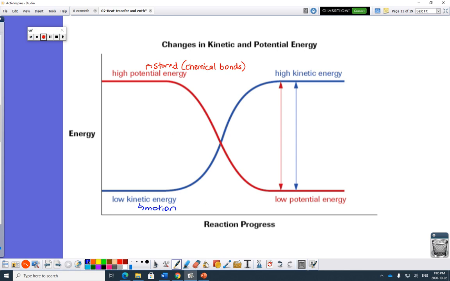And then the surroundings it's in, the water, we're going to measure the kinetic energy. That's temperature. So we can measure the temperature of the water. This line is blue to signify the water, so this is the surroundings, and this is the system.